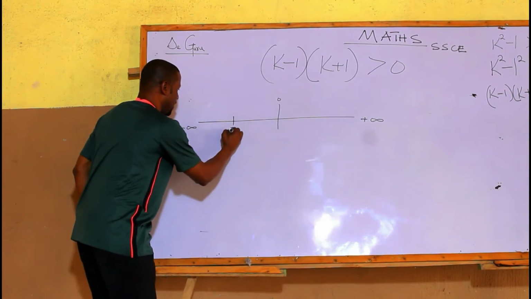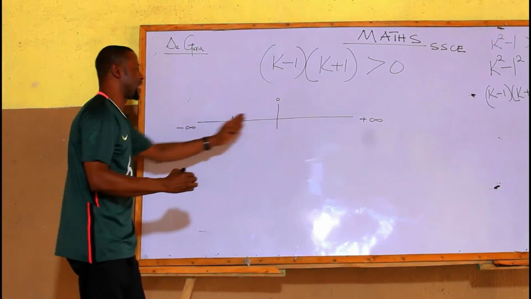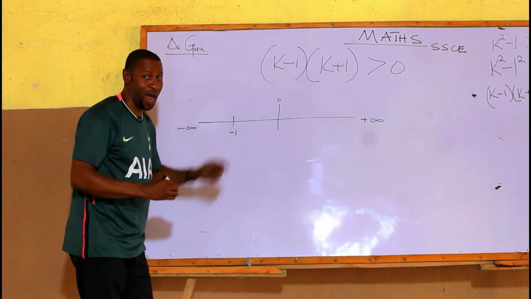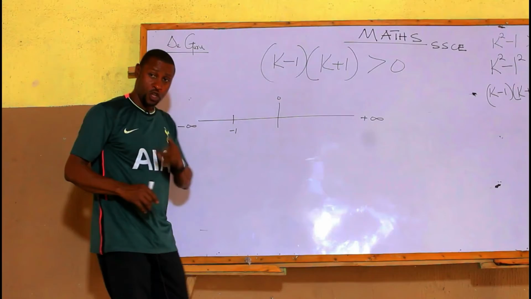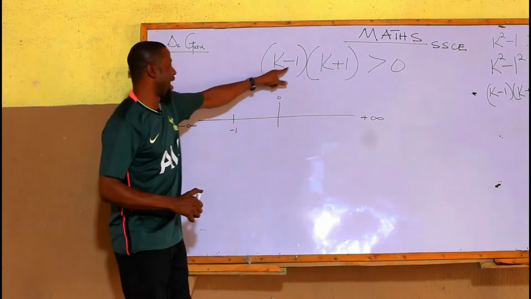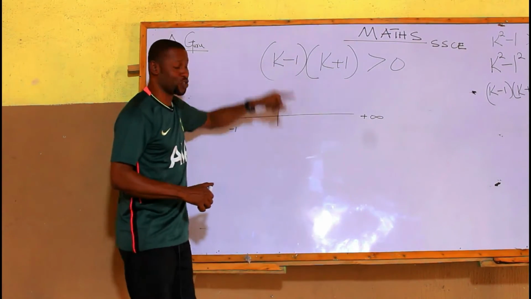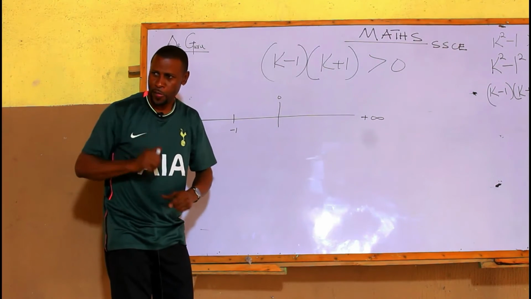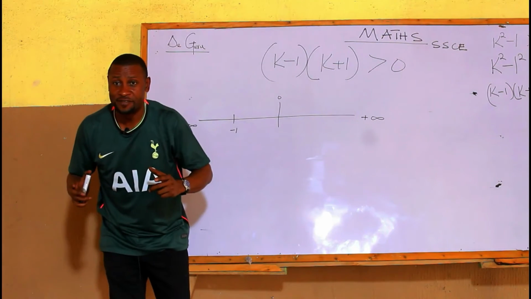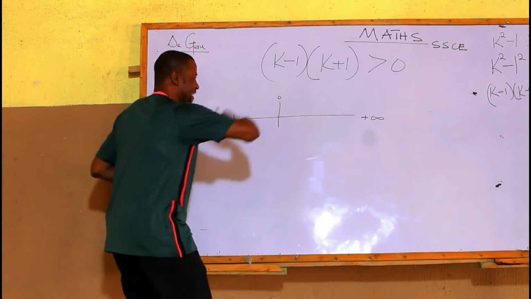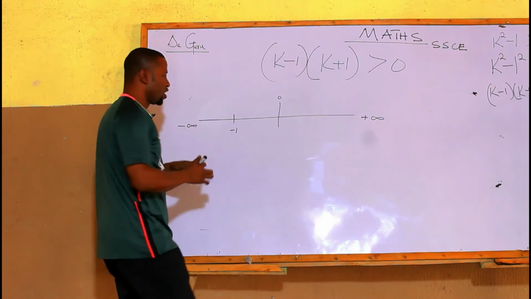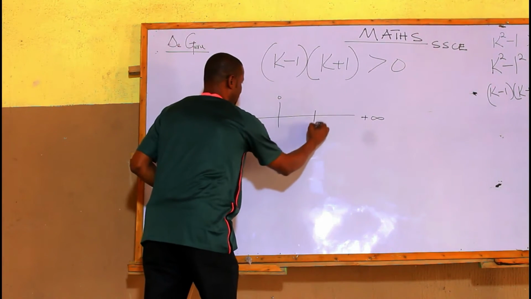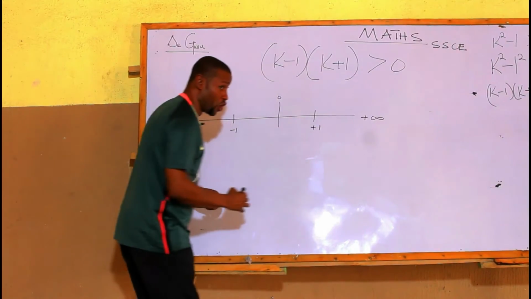I will locate minus 1 at the negative part, left-hand side of 0. You told me if k minus 1 is equal to 0, k should be what? 1. Is 1 positive or negative? Do I write it right or left? So I will come to this side and write plus 1. Follow me.